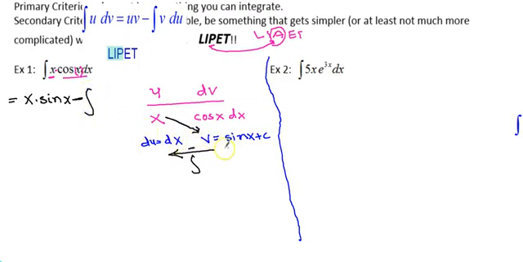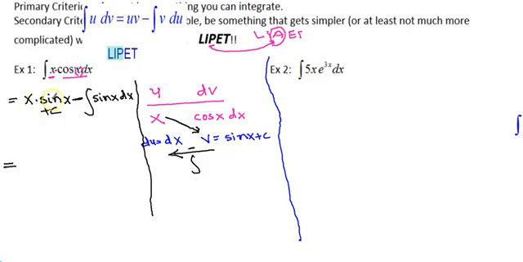So the integral of v du is sine x dx. Let's put the c at the end, or let's write the c here if you want to. So this is the first part.